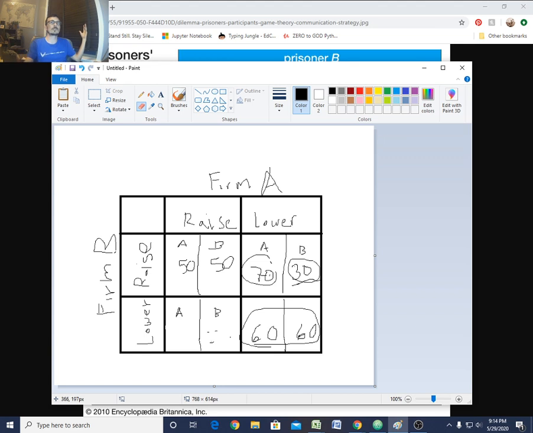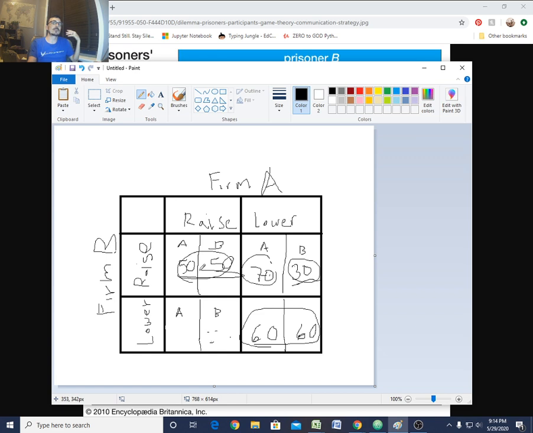So what do they do? They actually do a suboptimal solution, and everybody raises their prices. So you end up with plywood that is more expensive than it should be. It's more expensive than the market would dictate, and it is more expensive than what would maximize profits for these firms.